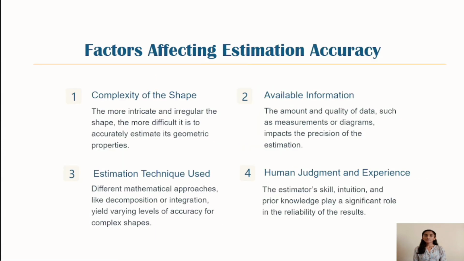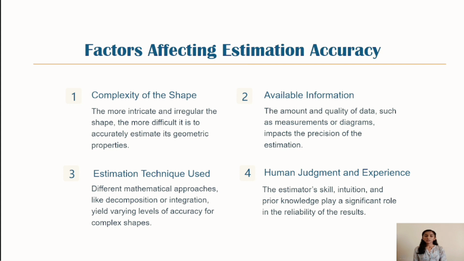Factors affecting estimation accuracy. The four major factors are complexity of the shape, available information, estimation technique used, and human judgment and experience. The first one is complexity of the shape. The more intricate and irregular the shape, the more difficult it is to accurately estimate its geometric properties. Available information. The amount and quality of data, such as measurements or diagrams, impacts the precision of the estimation.